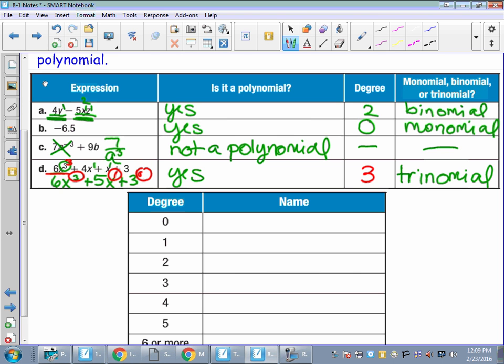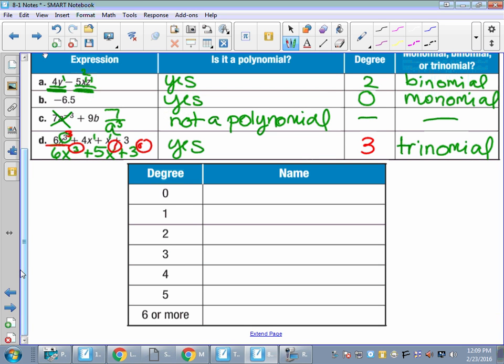And then just below here, I have a few names, just some terminology, not too important, but something with a 0 degree is called a constant. A constant is like a number. Something that has 0 degree is like negative 15. There's no variable with it. Okay? Anything with an x is linear.